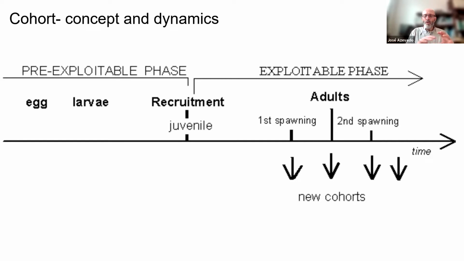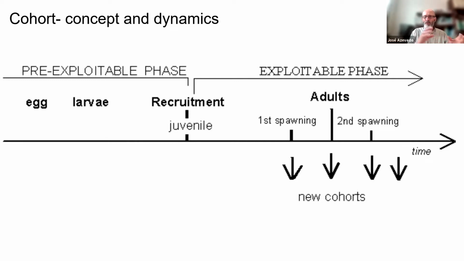So a cohort is a group of animals that share something in common. Most often we refer to age cohorts. So that would mean fish, animals, let's call them fish to simplify, that were born in roughly the same period and therefore move through time as sharing a certain number of characteristics, right?